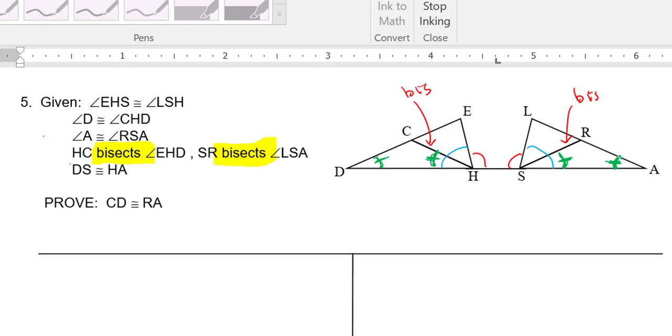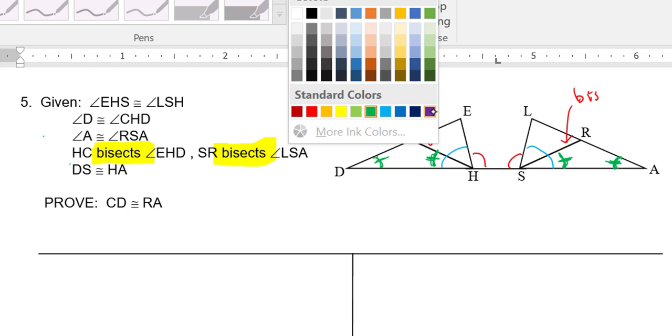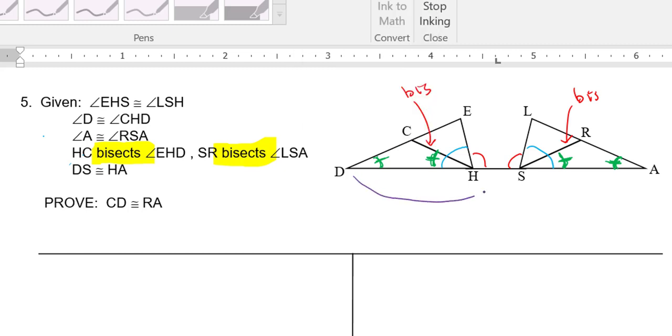And then it says that DS is congruent to HA, and I'm looking at overlapping segments there, which because it shares this middle segment right here, I can subtract that from both of them and know that DH must be congruent to SA by subtraction.